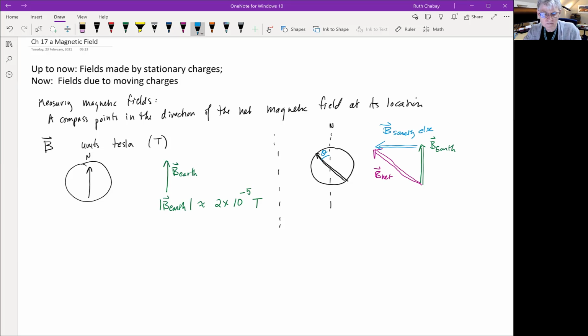And so we can actually calculate how big this magnetic field due to something else is. We know the direction just by looking at the compass. We know the magnitude from the angle. So this deflection angle here is theta.